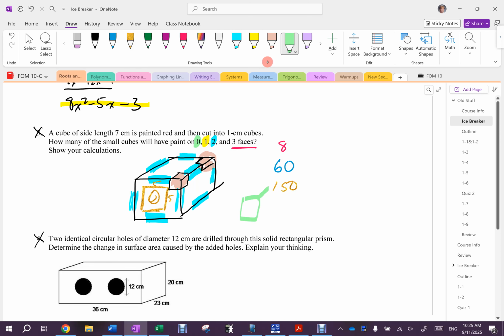How far back does it go? 5. So if there's 25 cubes here, and I go back 5 cubes, how many cubes is that?